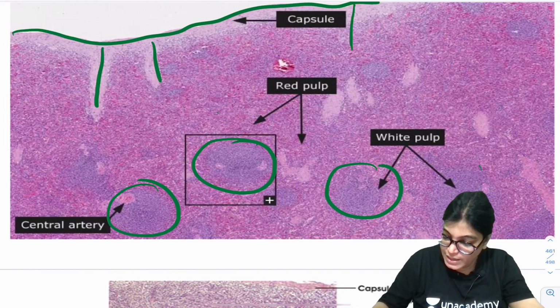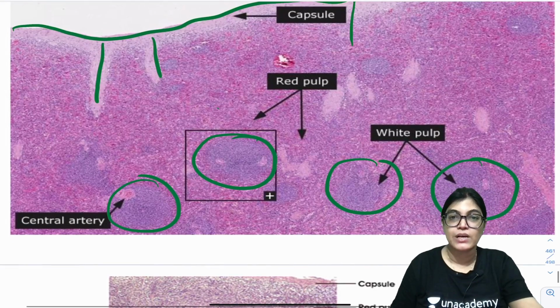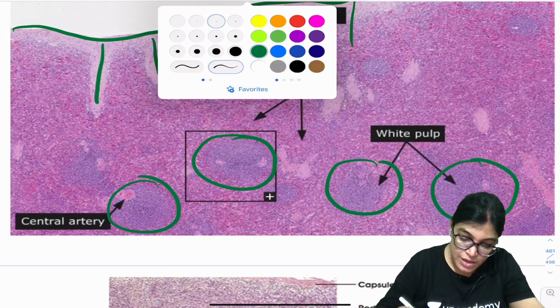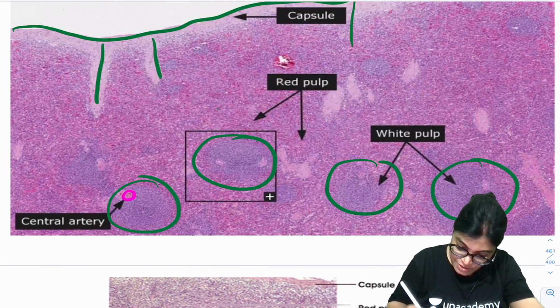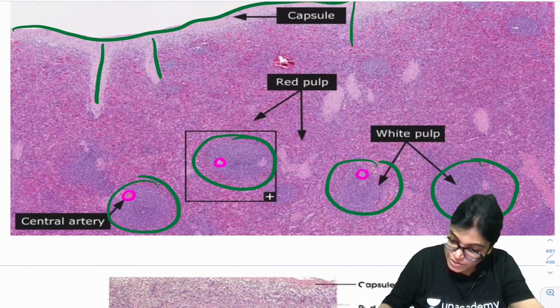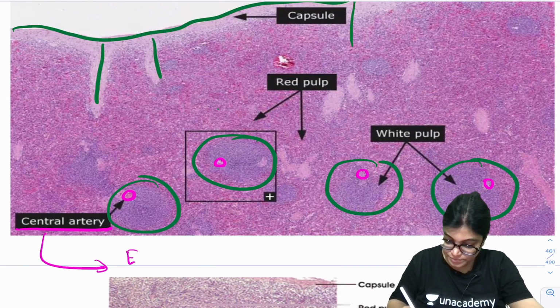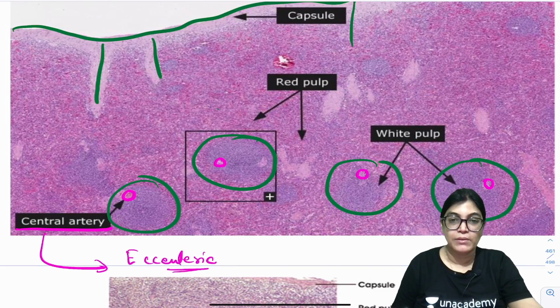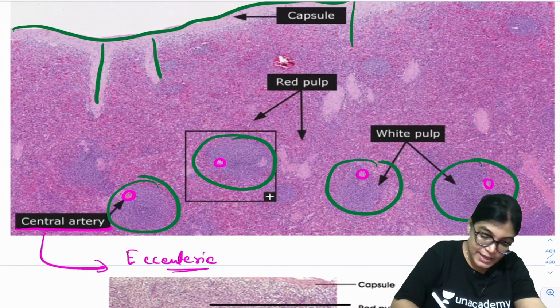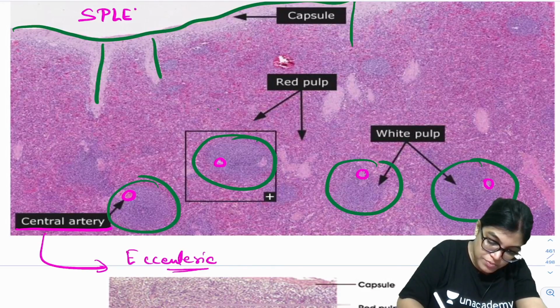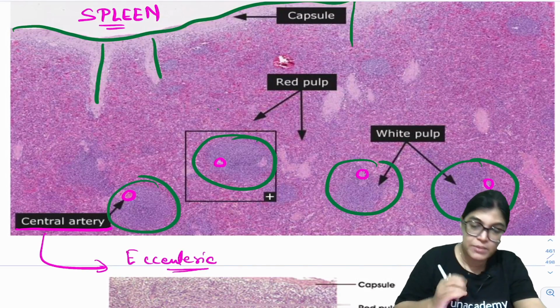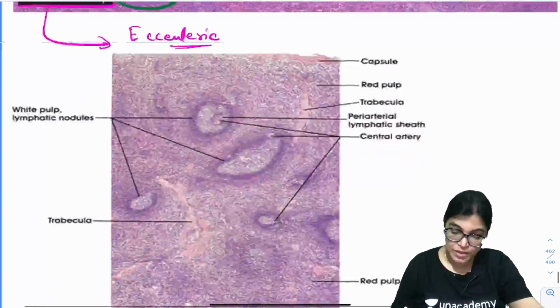These are all white pulp. The important feature to note is the central artery, whose location is eccentric, and the rest of the whole part is the red pulp. This is exactly how the slide of spleen looks under the microscope in low power view.